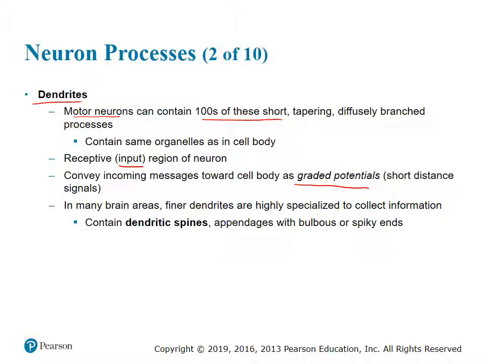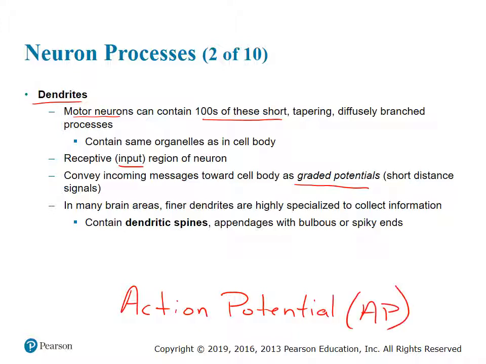We've heard of another potential. We call that other potential an action potential. You remember that one from muscle tissue, right? That's the one that comes down to the end of the neuron. And then chemical signals are received, and that opens up channels in the muscle, and then the muscle creates its own action potential.